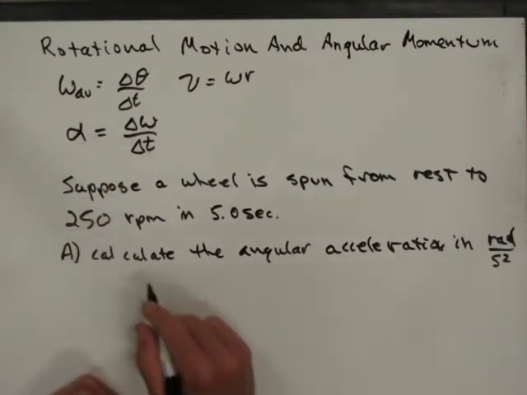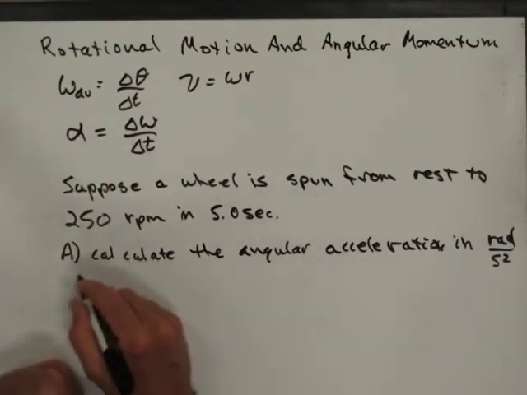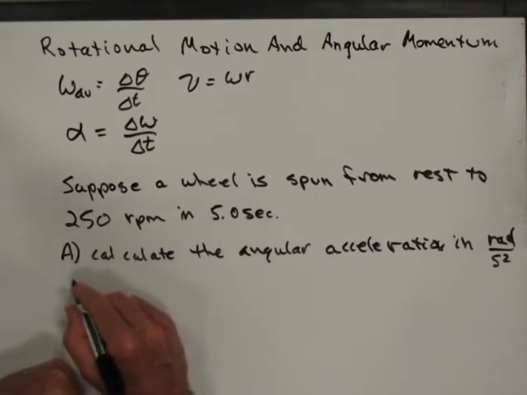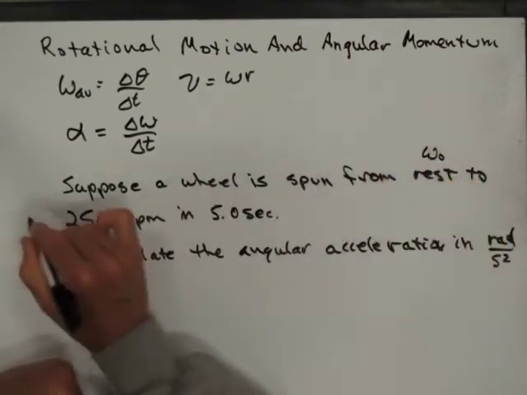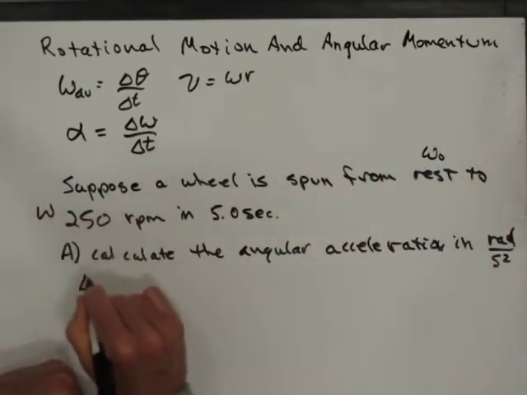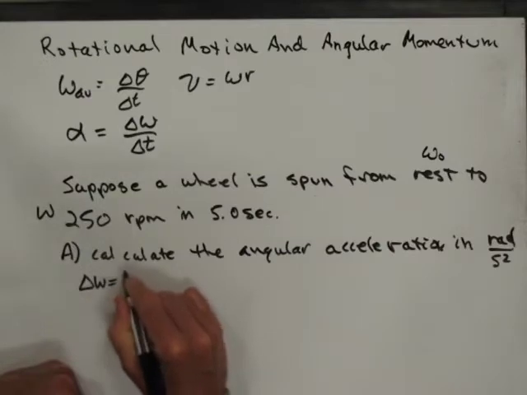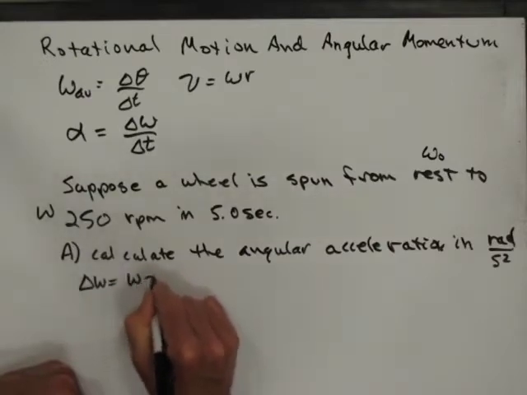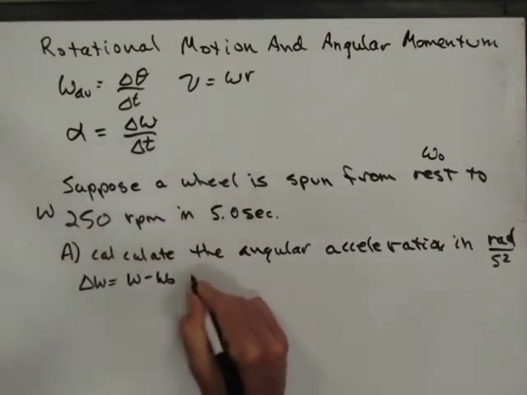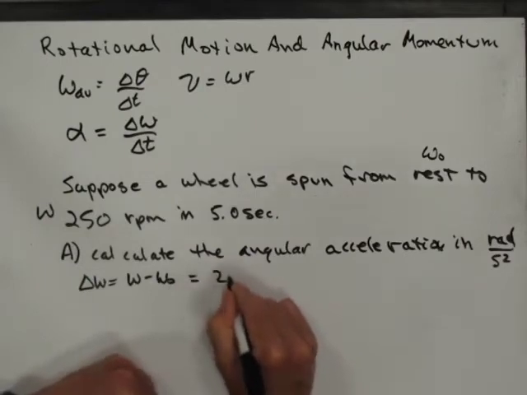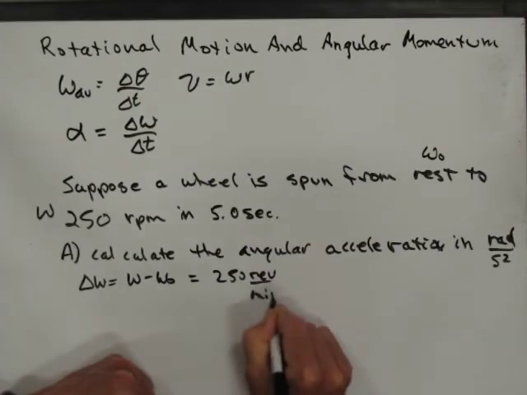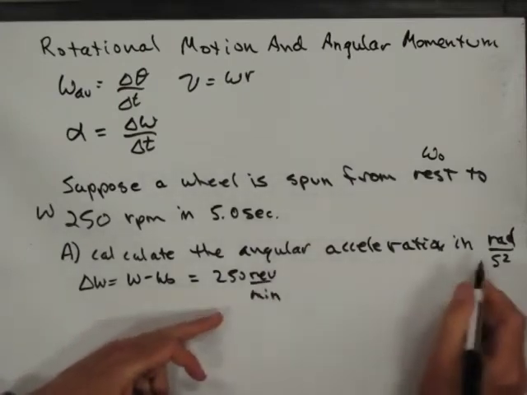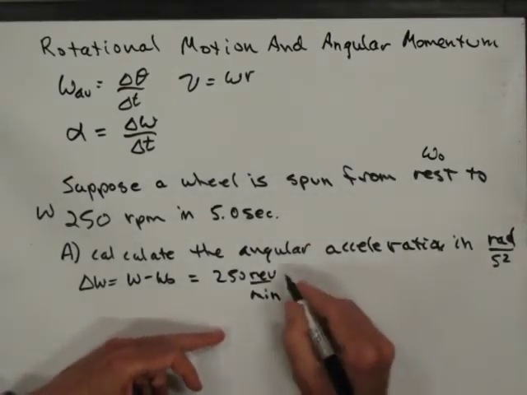So the first thing we need to do is recognize that this is omega naught and this is omega final, and so delta omega is equal to omega minus omega naught. And that's 250 revolutions per minute. But I want to convert this into radians per second because that's what I'm going to be working with.